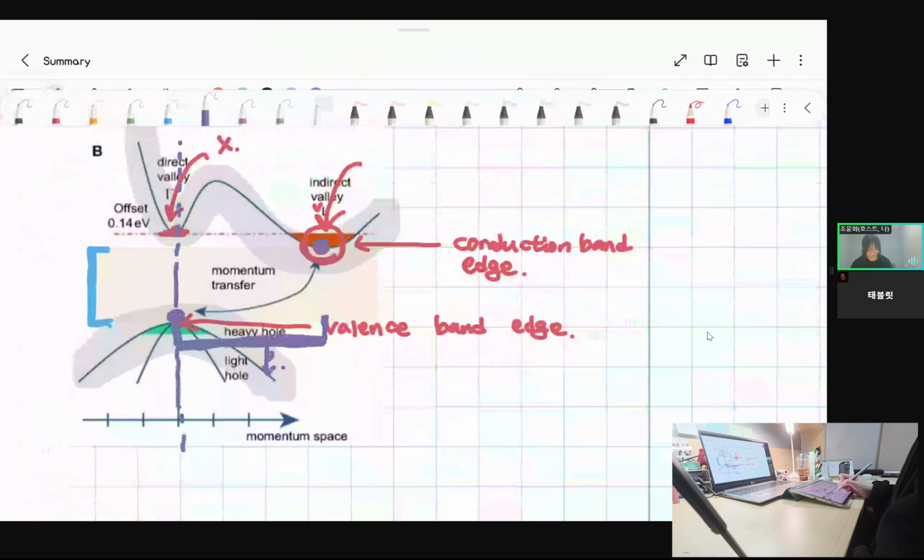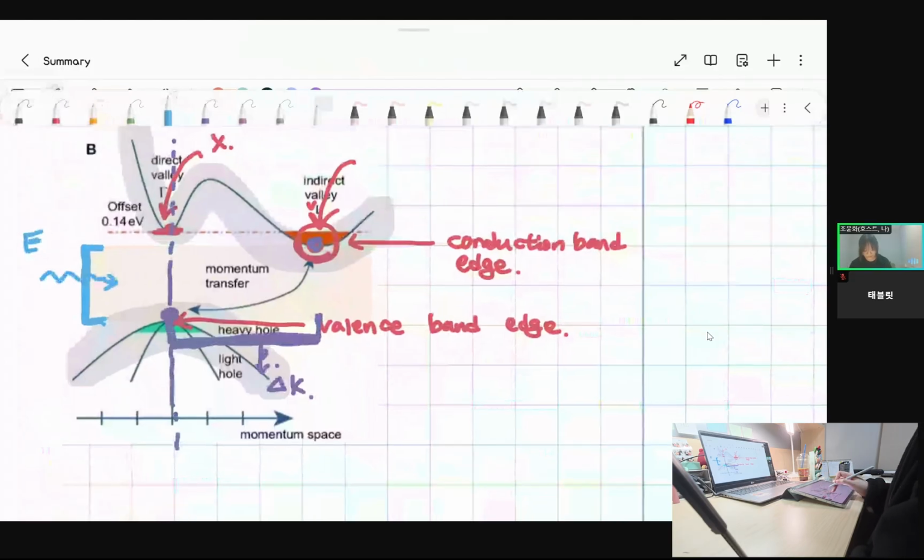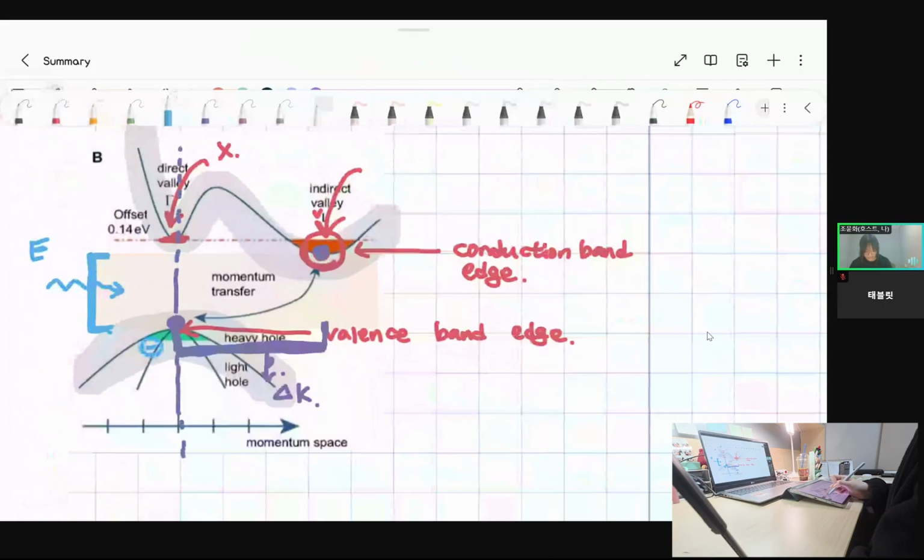So let's call this gap delta K. That means if we only give band gap energy, the electron can't go up to the conduction band.